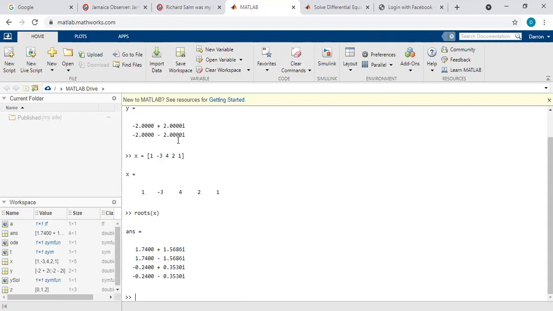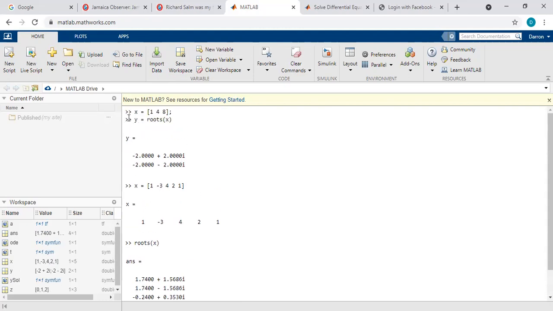So if I want to find roots in MATLAB, I just type in roots.